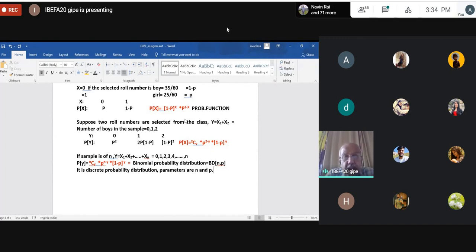The variable can take only countably finite values from 0 to sample size n. Binomial probability distribution is a discrete probability distribution because the variable can take the values from 0 to n, countably finite.